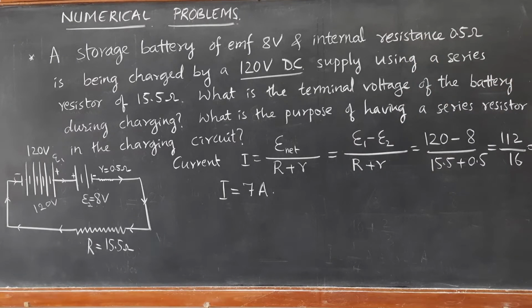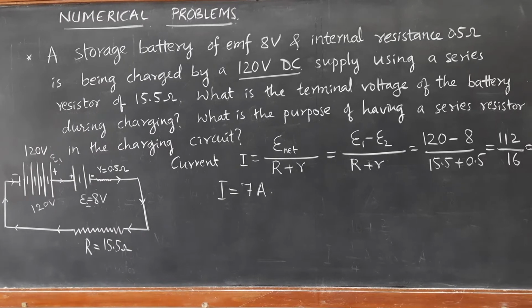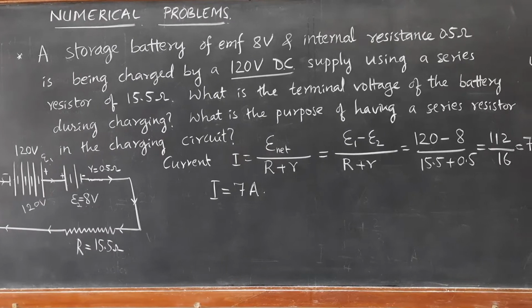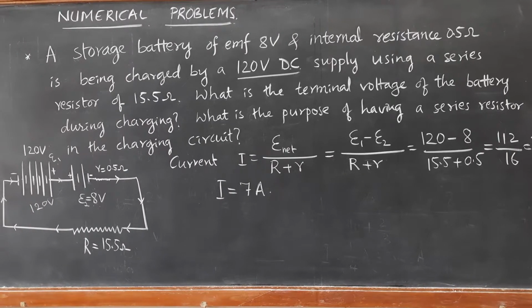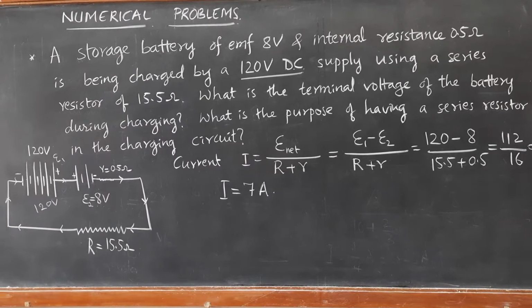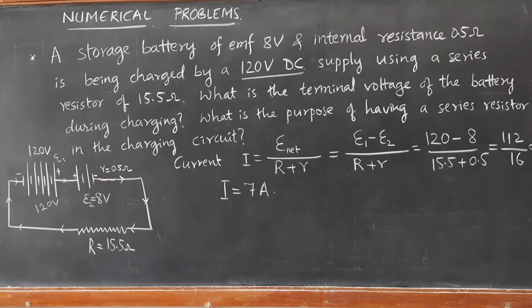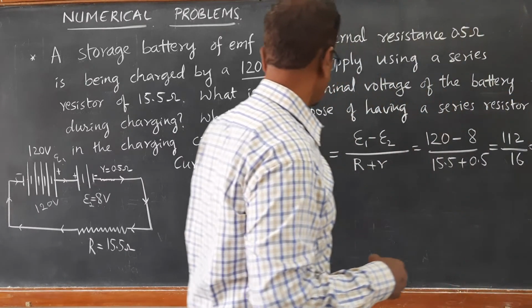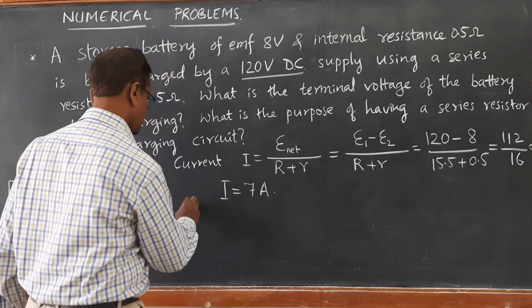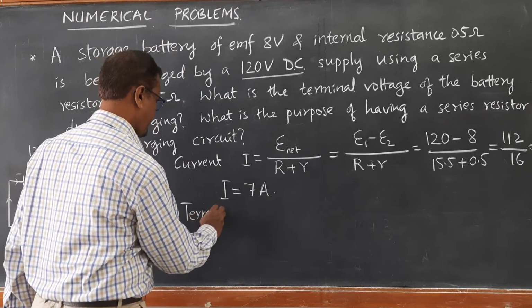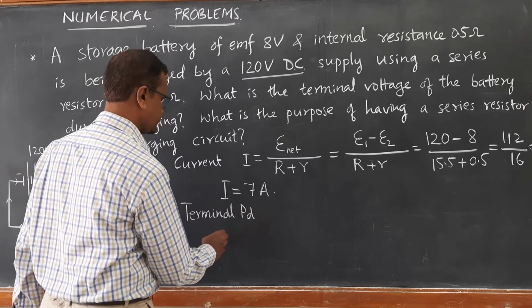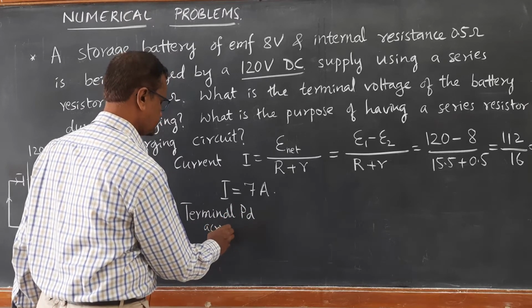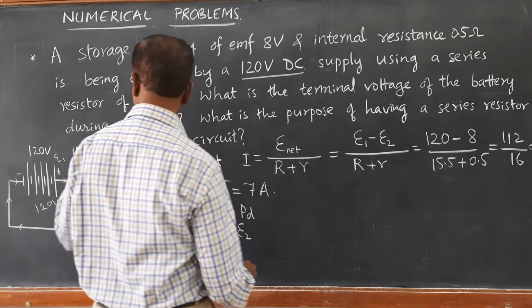When the current becomes 7 ampere, now we shall solve for the terminal potential difference across the cell of EMF E2.